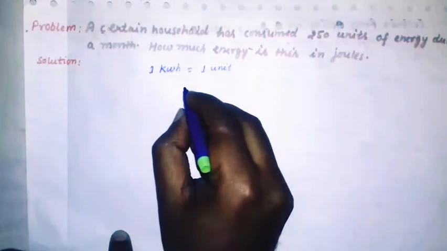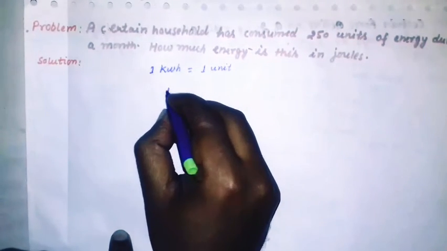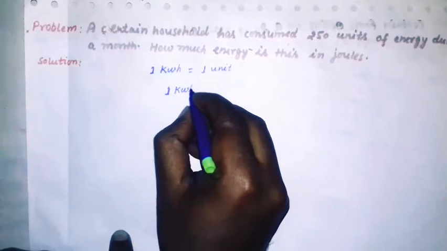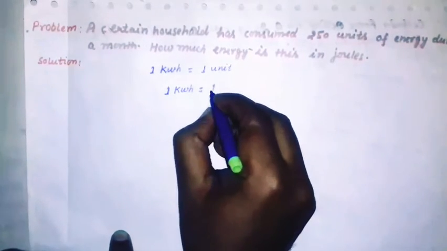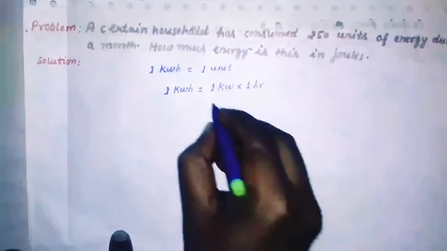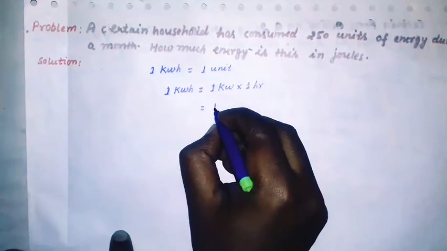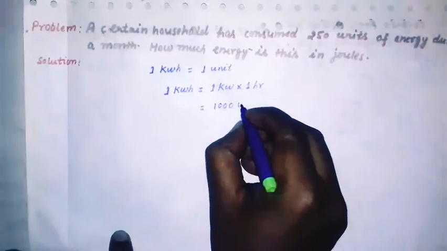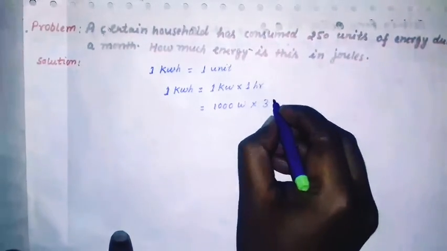Or we can write it as 1 kilowatt hour equals 1 kilowatt into 1 hour, or 1000 watt into 3600 seconds.